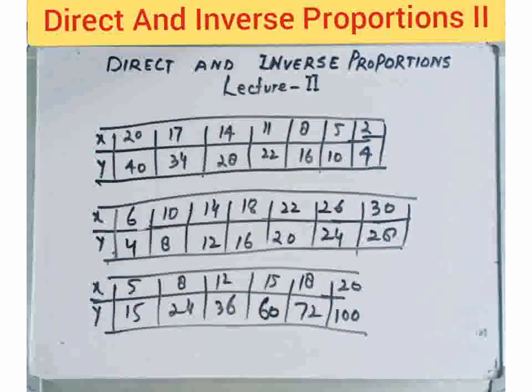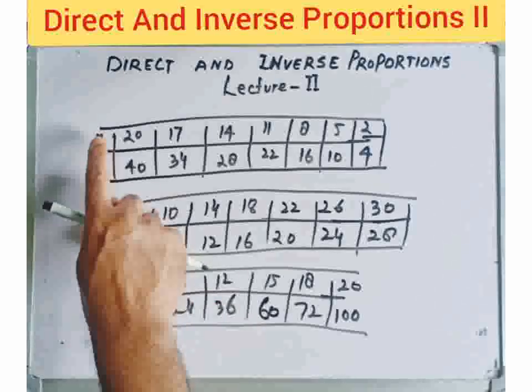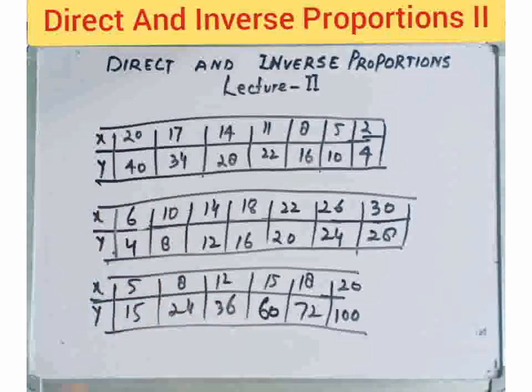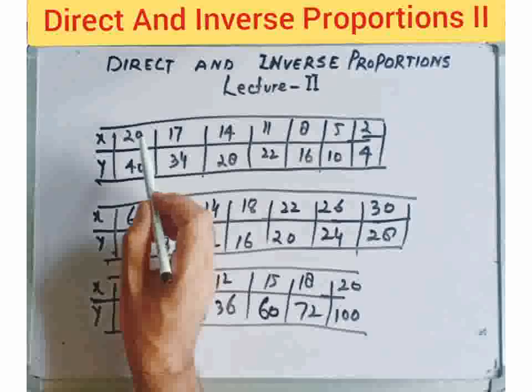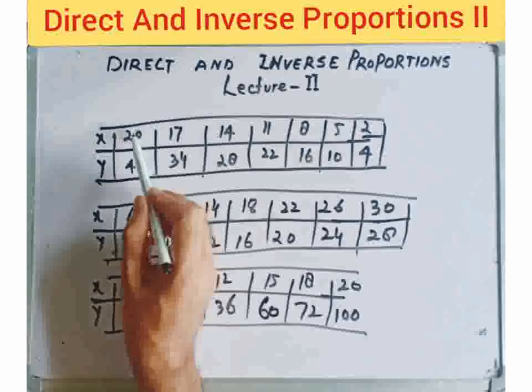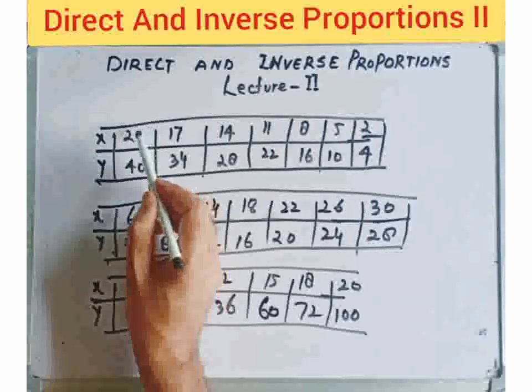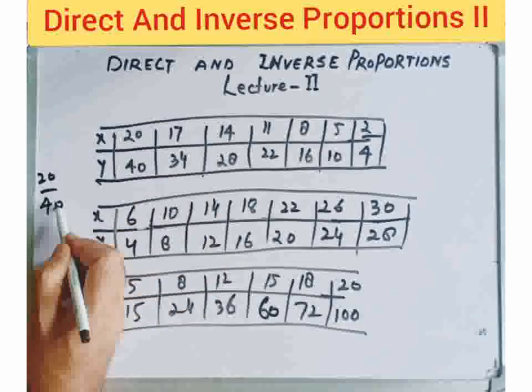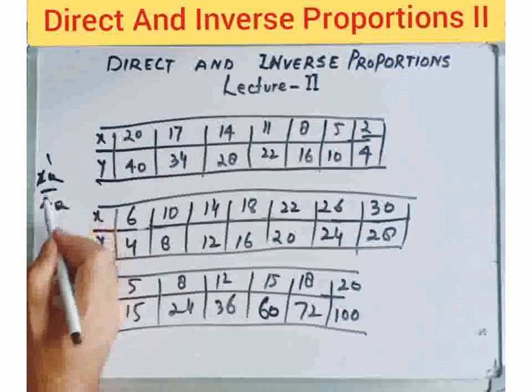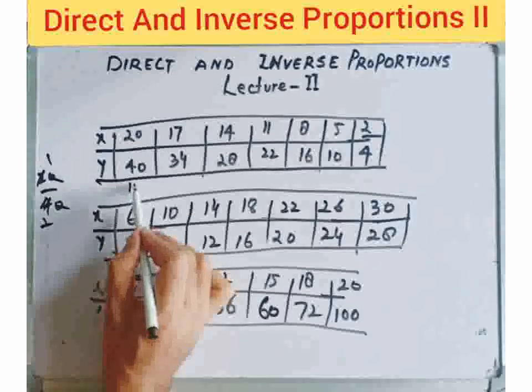Now observe these three different tables and find if x and y are directly proportional. Let's take the first case. If you find the ratio between x and y, it is 20 divided by 40, so 2 ones are 2, 2 twos are 4, the ratio is 1:2.